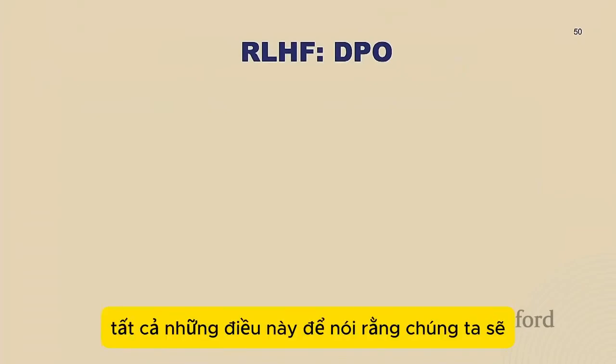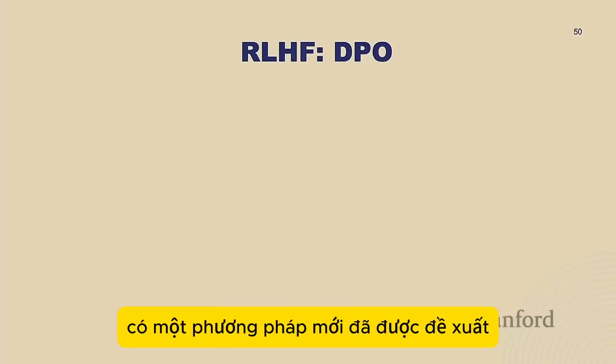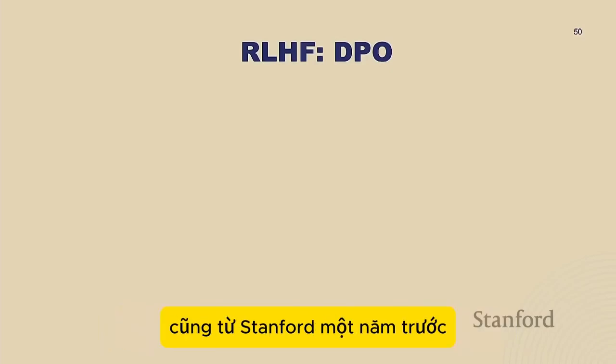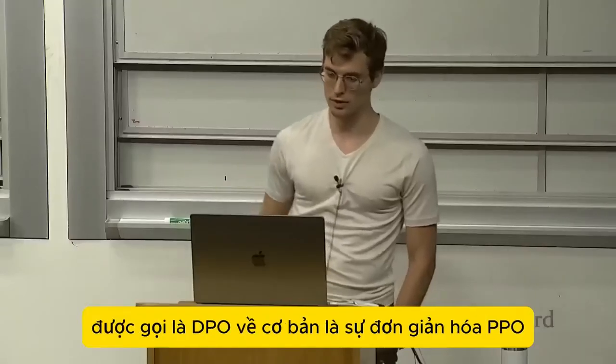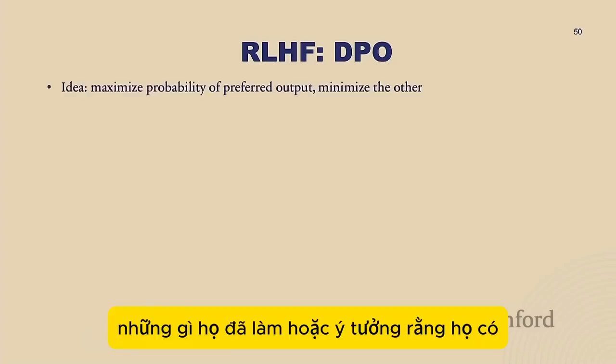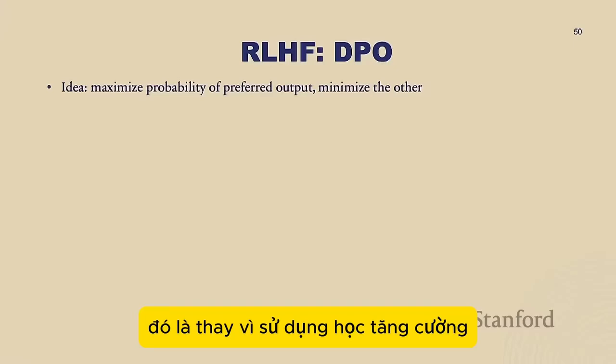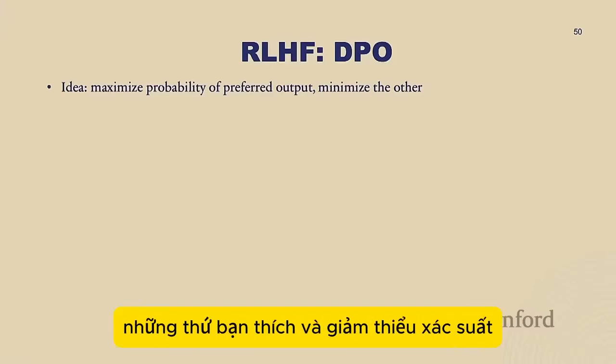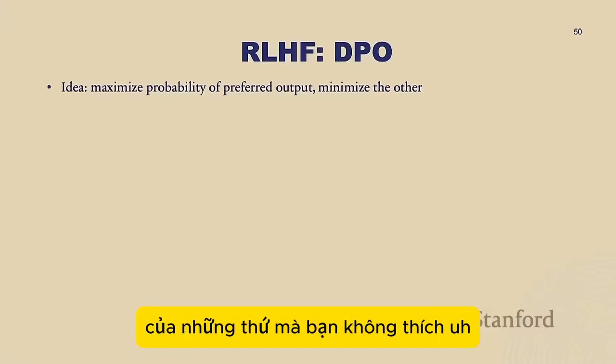All this to say that there was a new method proposed, also from Stanford, one year ago, called DPO, which is essentially a simplification of PPO. The idea is that instead of using reinforcement learning, you can just maximize the probability of generating the stuff that you like and minimize the probability of the stuff that you don't like.